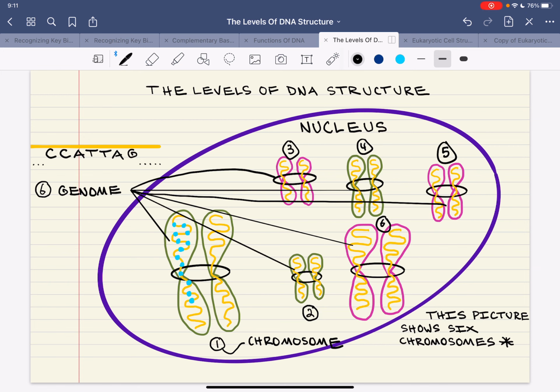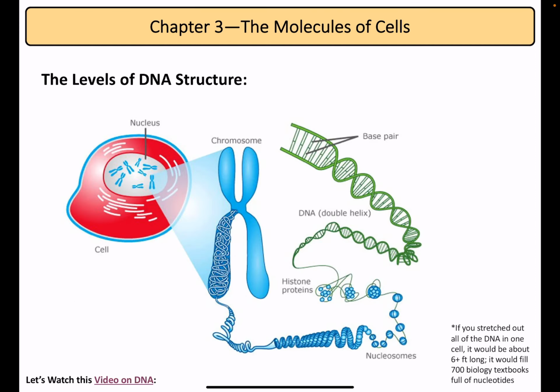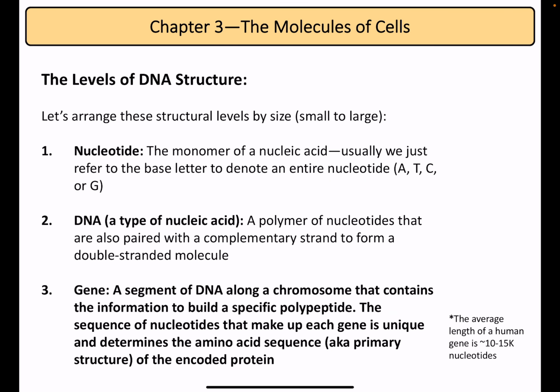And going back to my slides, that was number 4. Getting smaller. As I just said, along each chromosome, there are many genes.